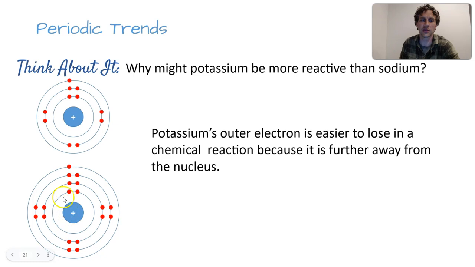So it's going to react more readily than this one. This electron's closer to the nucleus, so the nucleus can actually hold on to it better than potassium can. Okay, remember they're gaining or losing electrons in chemical reactions.